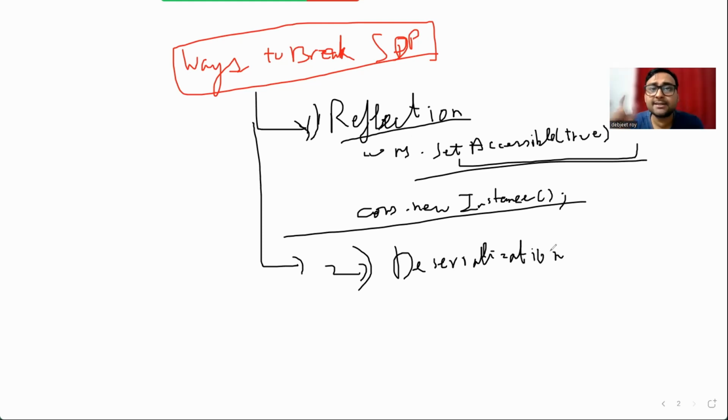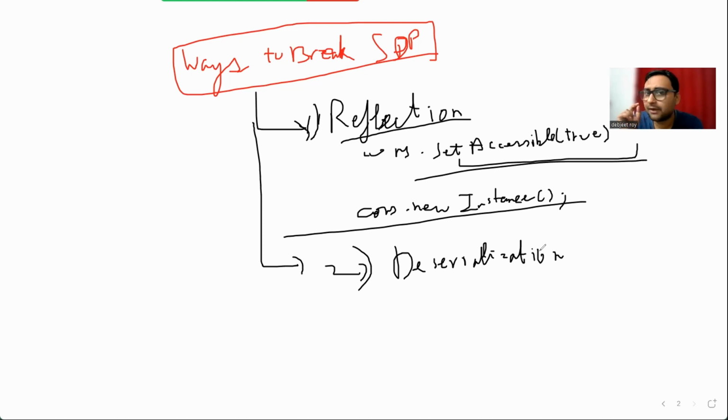Serialization means converting Java objects, the entity classes, POJO classes you are creating, into a stream of bytes so that they get stored in a file or in a DB. This process is called serialization. But converting that file data or DB data back to Java objects is called deserialization.